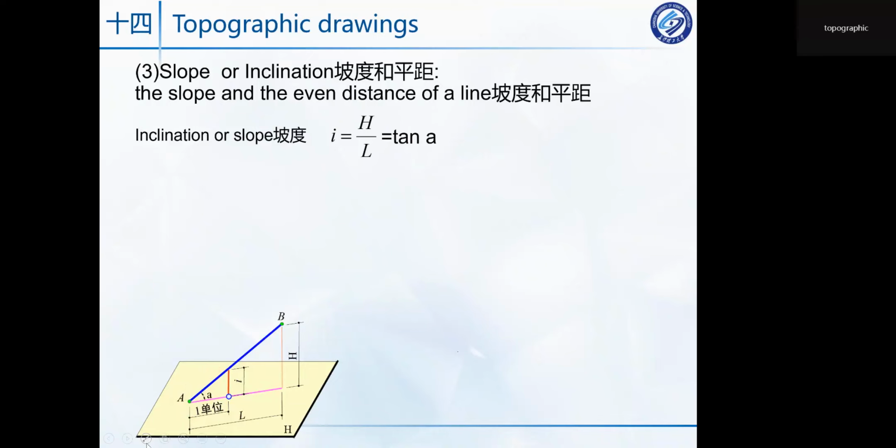You can see it like this or like this. That is the slope.